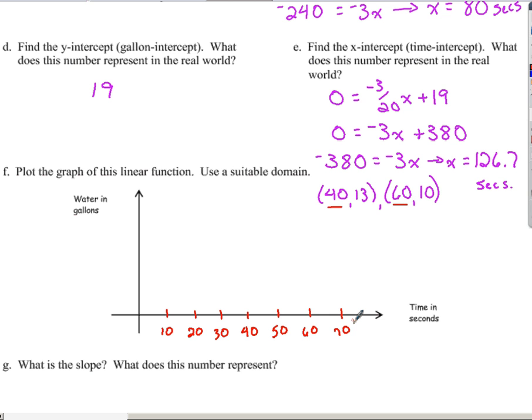And then as far as the y values, those gallon values, we have options here. We could go by ones, we could go by twos. The way I set this up originally, I went by twos, just to assure myself of enough space.